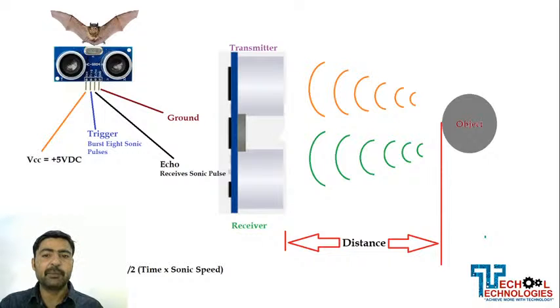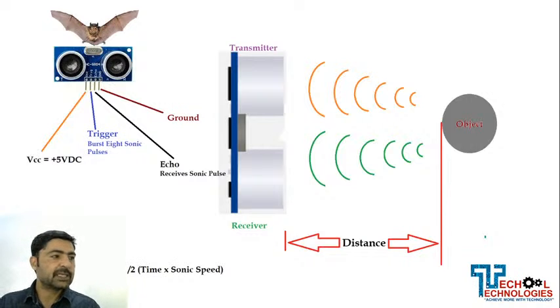This trigger pin will be used by our Arduino board to send one signal to activate it, to send the ultrasonic waves. As you are seeing in this diagram, this transmitter is sending these waves, and when they strike the object, they come back to another round shaped speaker, which is the receiver.